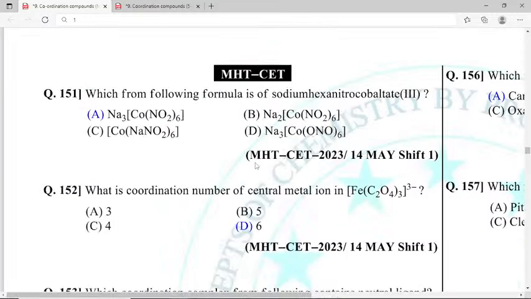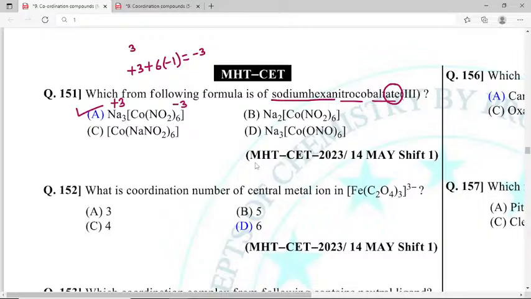Which of the following is the formula of sodium hexanitrocobaltate? ATE stands for anionic complex. So this is the anionic complex Na3[Co(NO2)6]. Oxidation number should be balanced here. Sodium is plus 3, the complex has minus 3, so cobalt should be plus 3. So plus 3 plus 6 times nitro, each nitro minus 1, equal to minus 3.